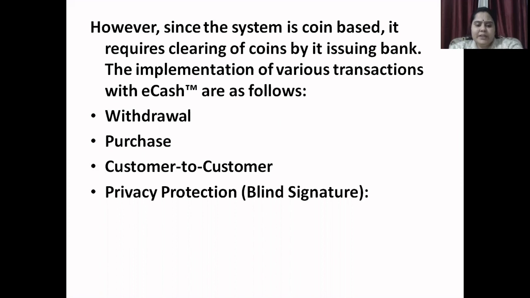Next is purchase. Now see what is purchase. Once the customer has some eCash on his hard drive, he can buy from the merchant shop. If the customer shows the intent to purchase a product, he receives a payment request from the merchant which he has to confirm. His eCash TM software chooses coins with the desired total value from the wallet on his hard disk.